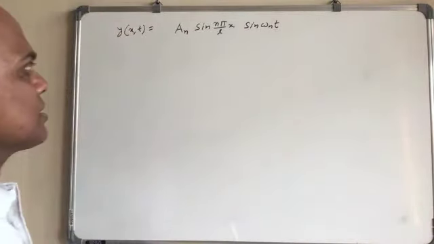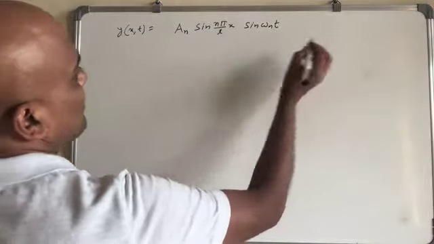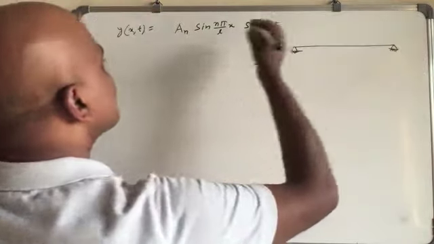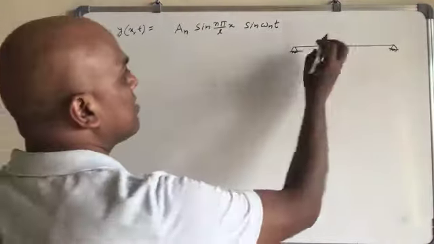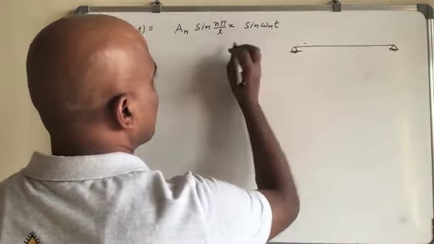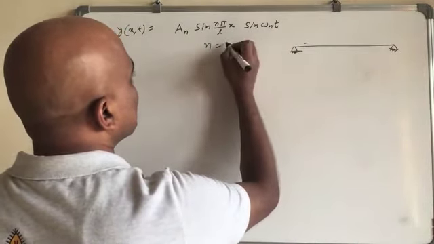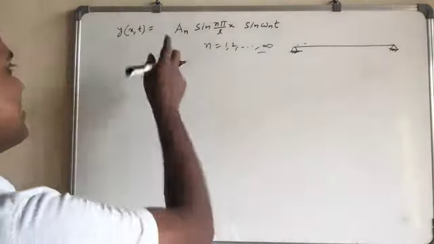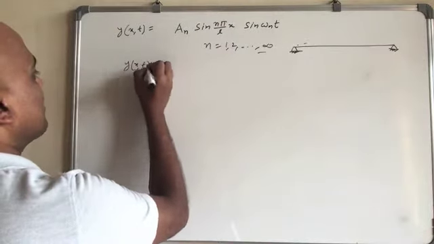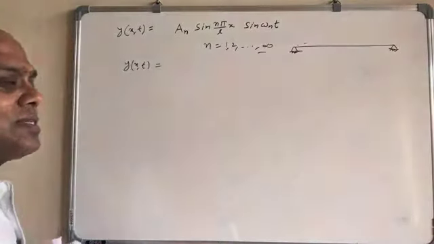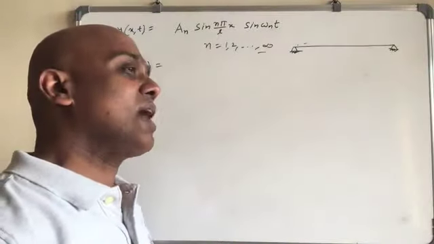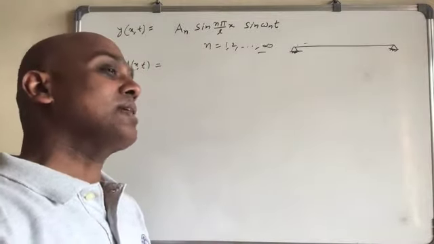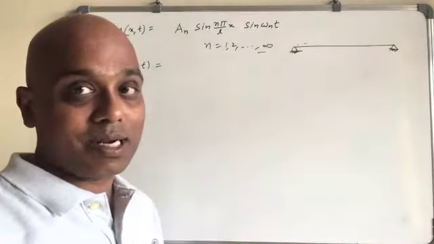So basically, if you have a rope like this under tension, the general solution, this is one of the fundamental modes, where n could be 1, 2, 3 to infinity. In a real scenario, the actual solution will include all modes. Just like in a 2 degree of freedom system, we have 2 modes, right?